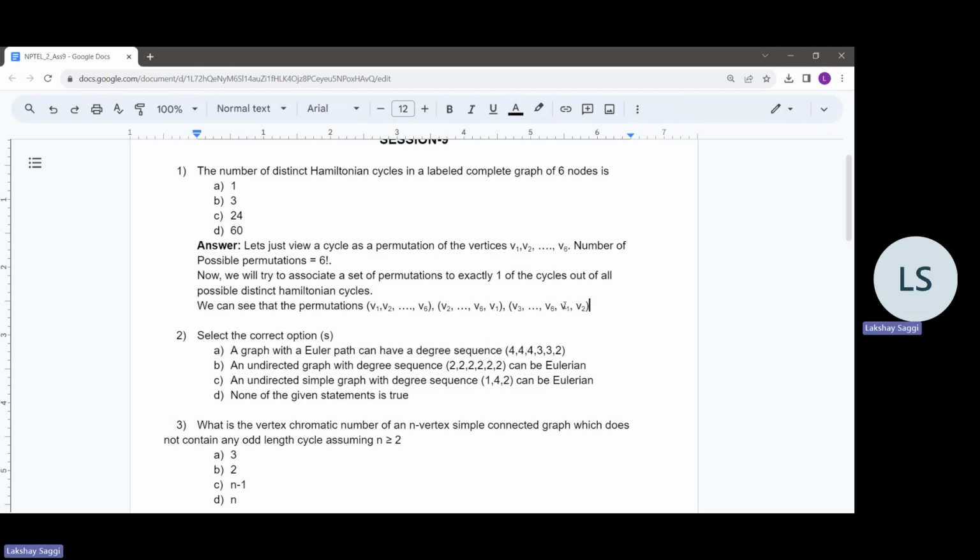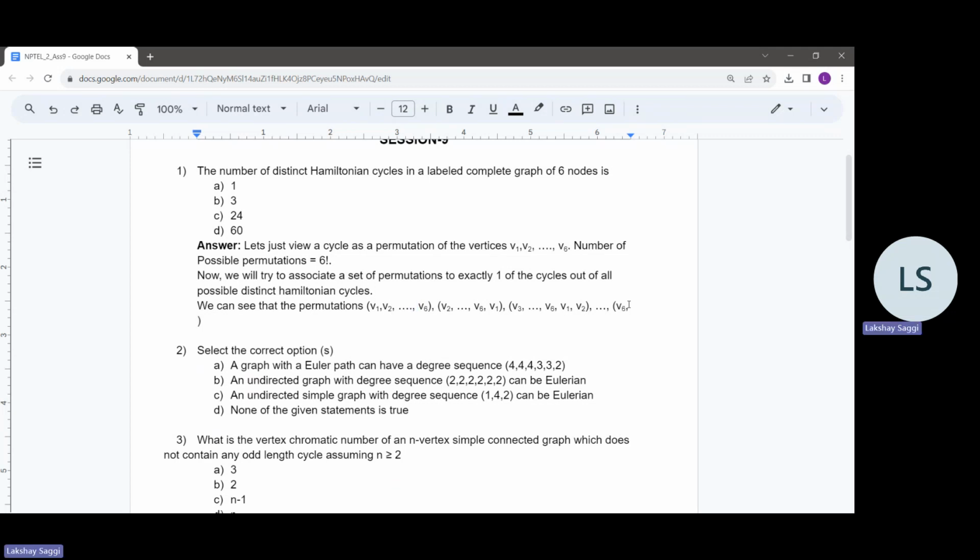So these are three permutations, and there will actually be six, because similarly we can start from V4, V5, and V6 as well. After starting from V6, we go to V1 and then straight up to V5.